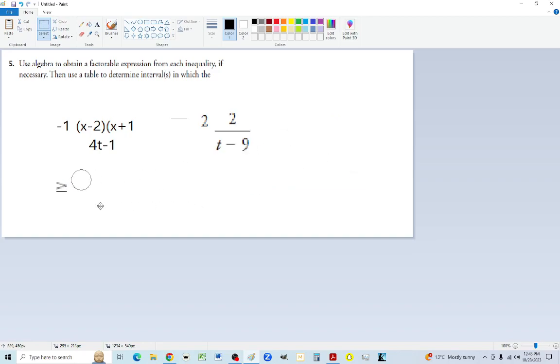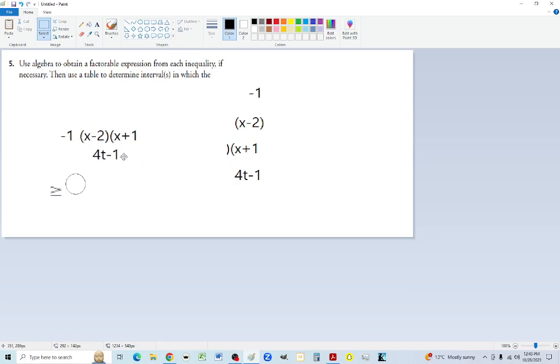Then figure out when it's bigger or equal to 0. And we make a table like this time. Use the minus 1 as one of them. X minus 2 is another. X plus 1 is the other. 4t or 4x, doesn't matter if it's t or x. And then the whole thing down below.